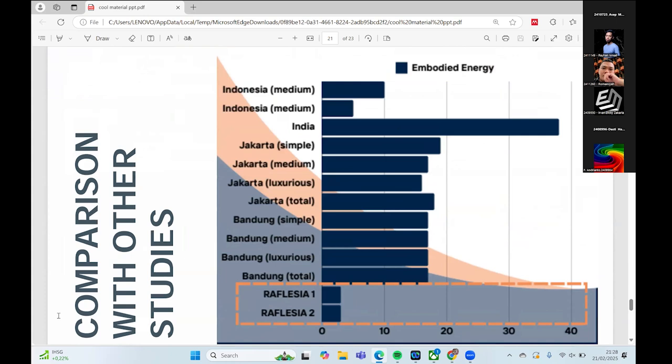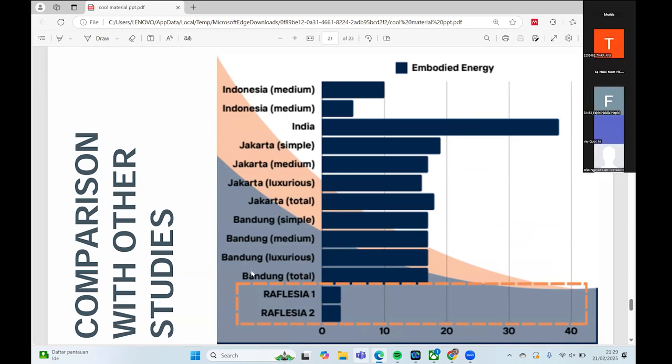This is the result compared with normal houses in Indonesia. Our embodied energy is very promising because we avoid heavy structural materials like stone, brick, and concrete. We really avoid those materials, so we can make the low carbon material much lighter.